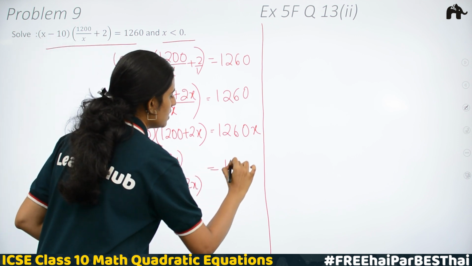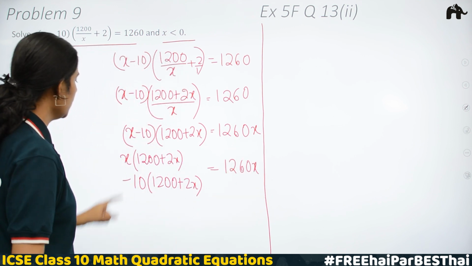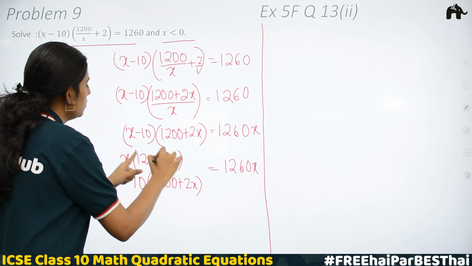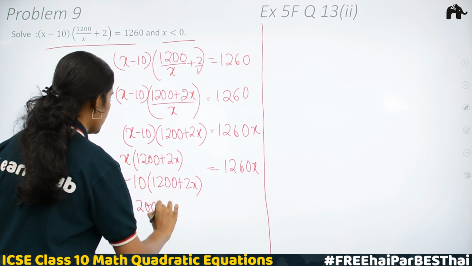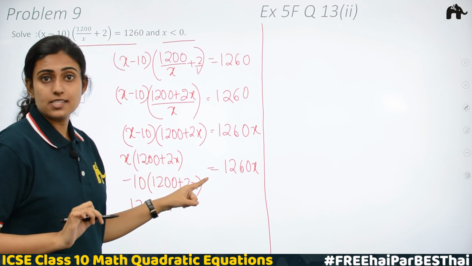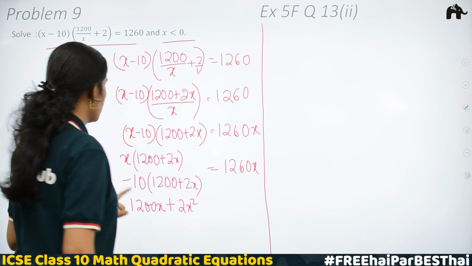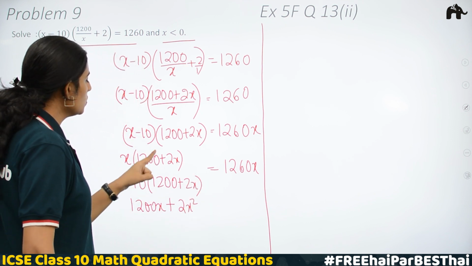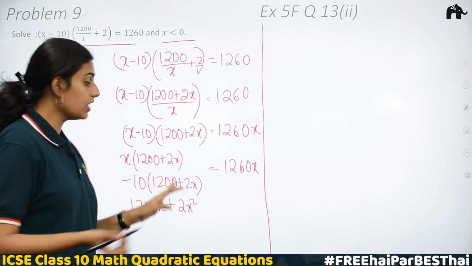RHS is the same, that is 1260x. Okay. Now, x into 1200 is 1200x, plus x into 2x, 2x square. 10 into 1200, that is 12,000.